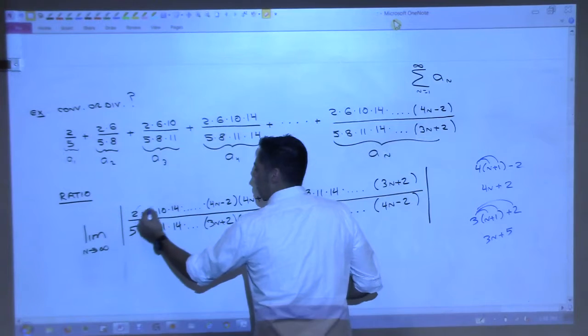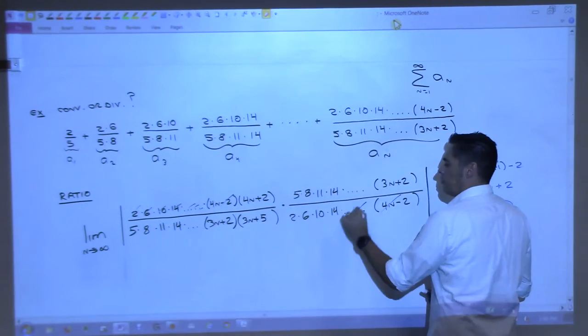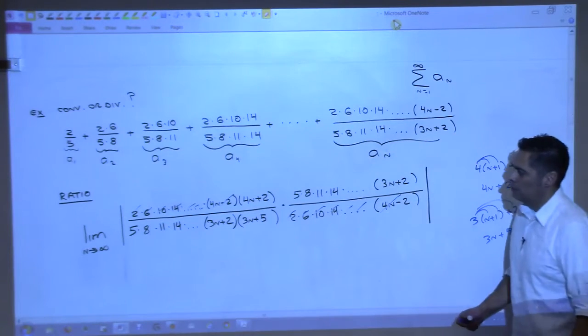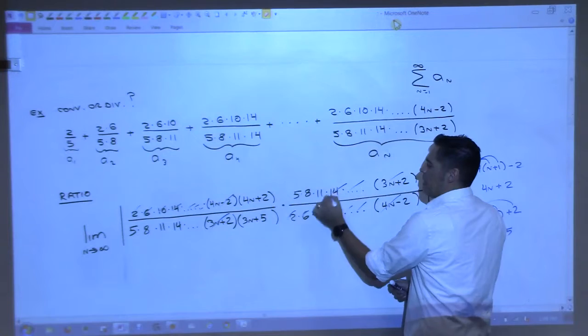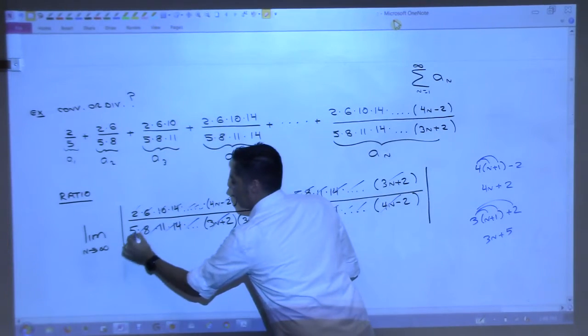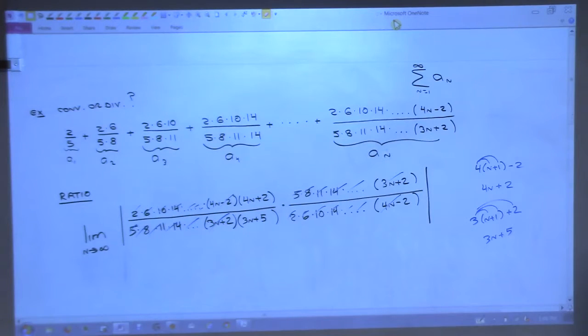Almost everything is gone. Everything in there, that's gone. That's all this, right? And then this, everything back here with everything right there. And the only thing left is, what's left on top?